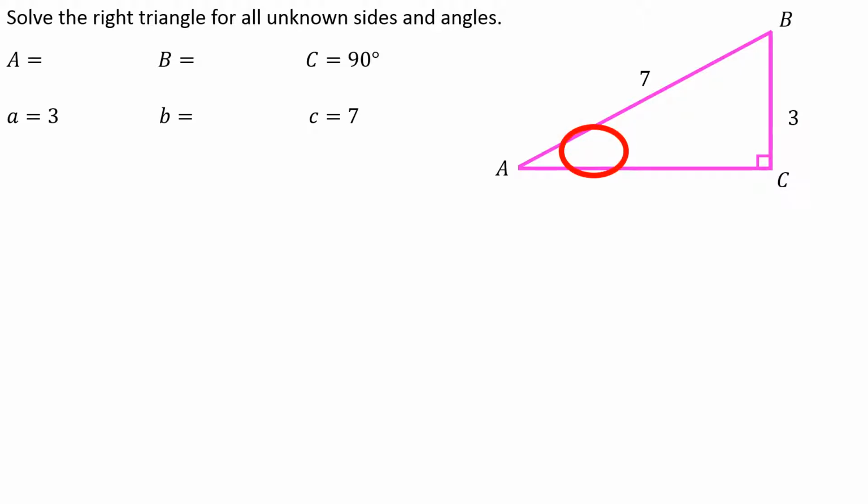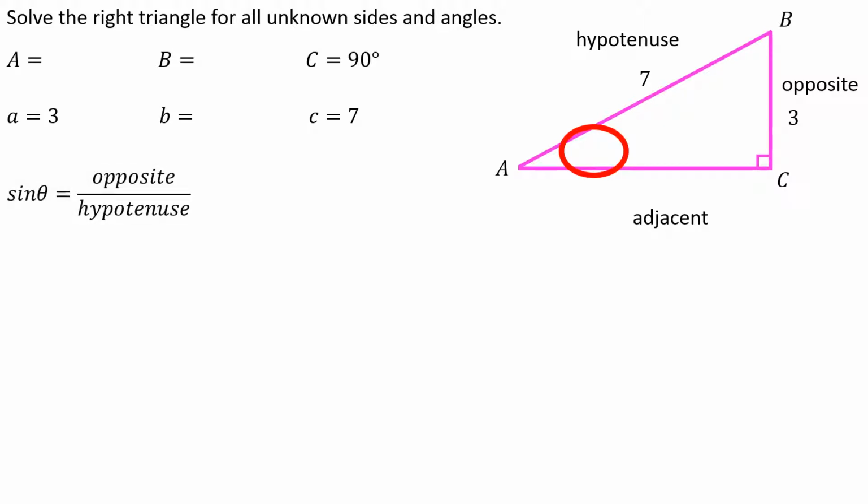I'm going to pick angle A again. So I now know that 3 is opposite. Side b, which I don't know, is adjacent. Hypotenuse is 7. Now, of course, if I'm going to work with opposite and hypotenuse, I've got to use sine. SOHCAHTOA: S-O-H. Sine is opposite over hypotenuse. So sine of angle A has to be 3/7.